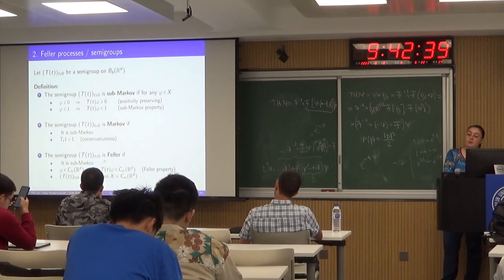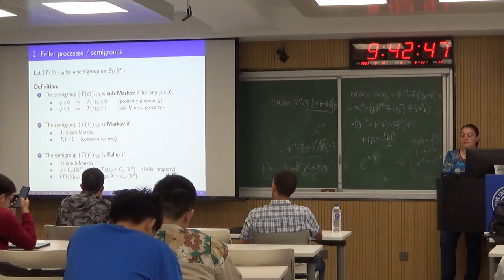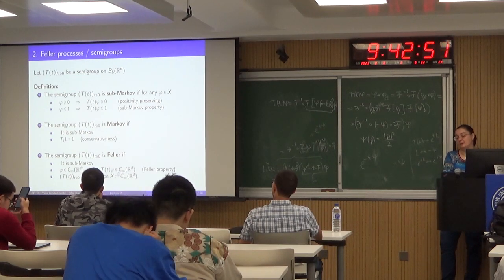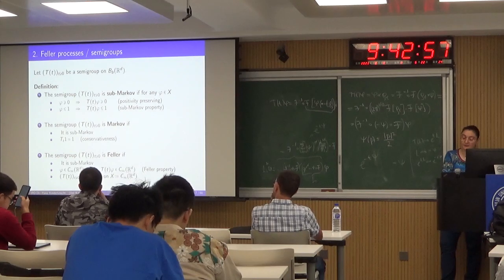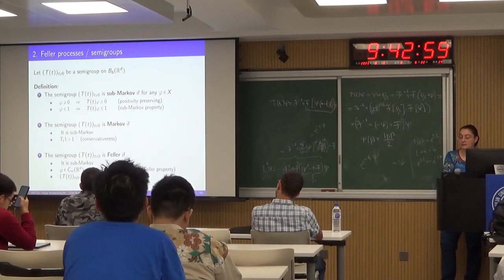The semigroup is called Feller if it is sub-Markov. If for any element of the space C infinity, the semigroup applied to this element is again an element of C infinity. This is the so-called Feller property. That is, the semigroup keeps this space invariant.